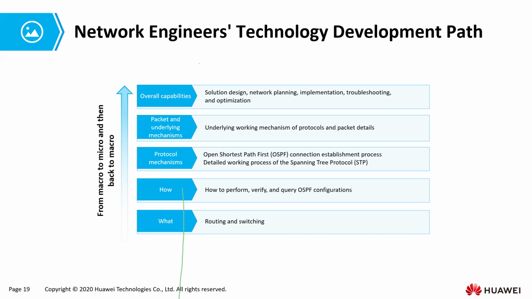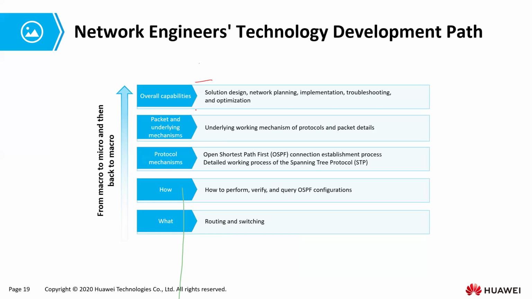What we have here is the network engineer's technology development path. Routing and switching, how to perform and verify OSPF configurations. That is part of what you'll be doing as a network engineer. Solution design, network planning, implementation, troubleshooting, and optimization.